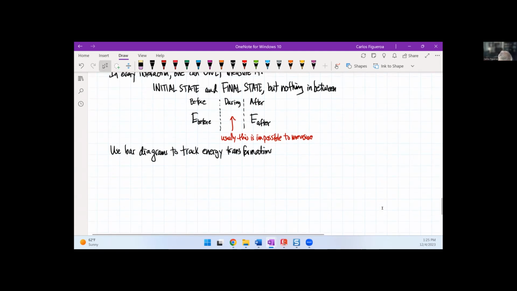So for example, let's say that I have a total energy of a system. Okay, let's say that this is my total energy. All I know is that this has to remain constant, very similar to momentum. All I know is that this is the total, and this has to be a constant, no matter what.